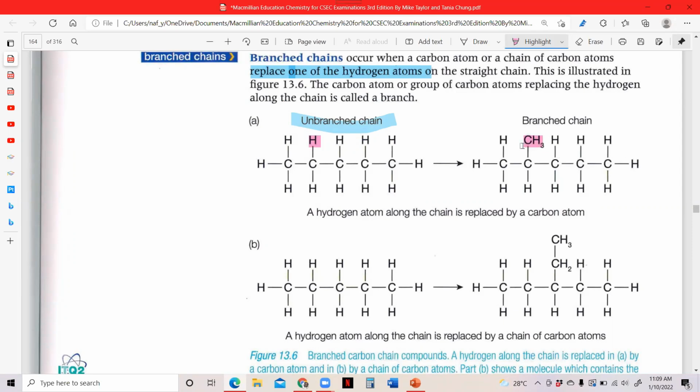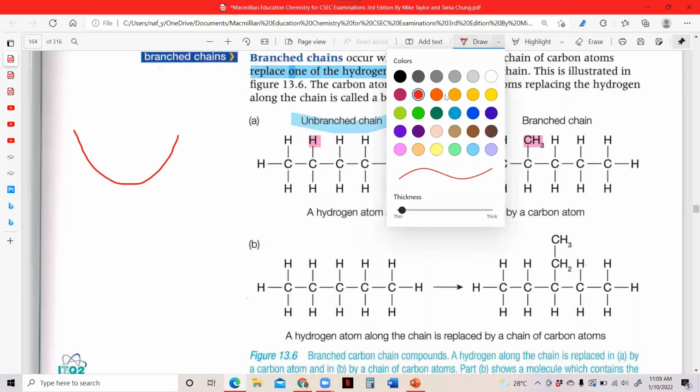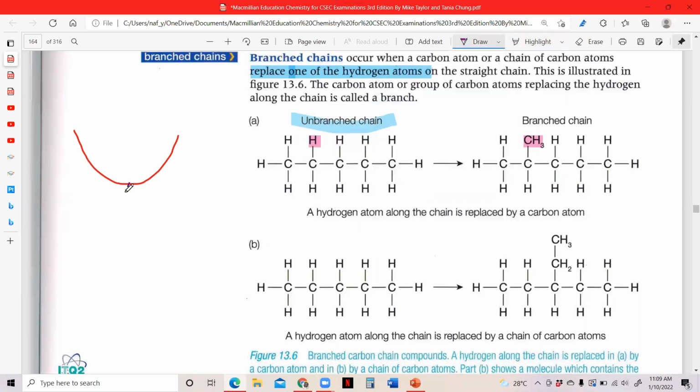And this is known in the video where they spoke about groups, the alkyl groups, right? This is one such example. So just to give you a visual, imagine your chain, but then you decided to add a pendant on it. This pendant is your branch because it comes off the main continuous chain. The main series, it branches off of it.